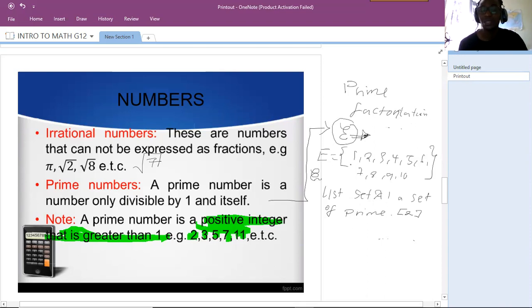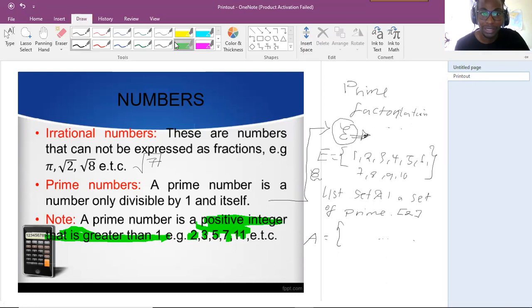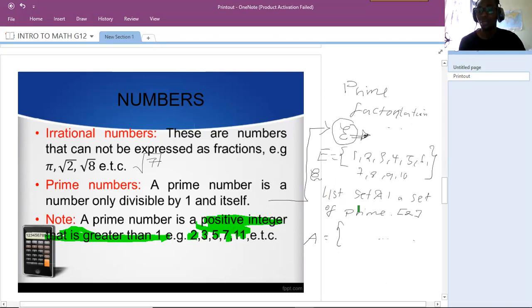The universal set is going from 1 to 10. The question says list set A, a set of prime numbers. Therefore, our set A will be equal to, open the parentheses, our prime numbers here. We now know the definition that a prime number is only divisible by 1 and itself, and 1 is not a prime number.